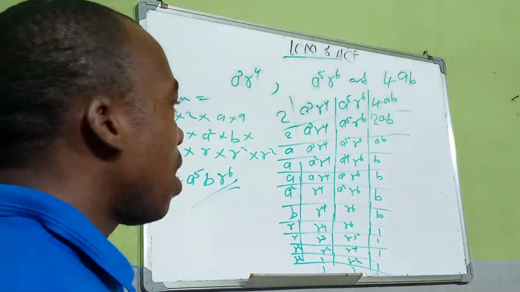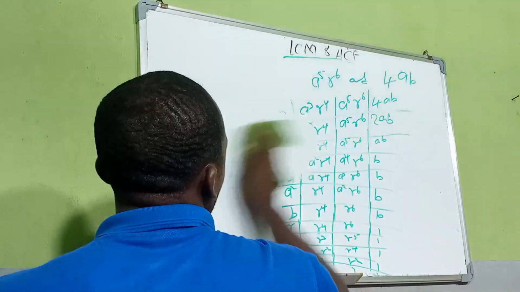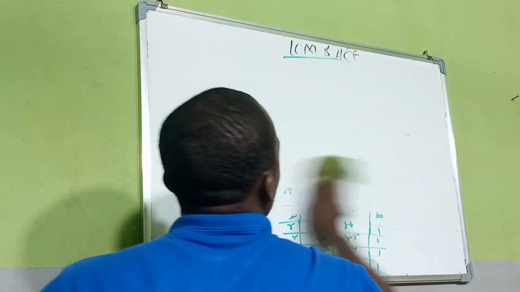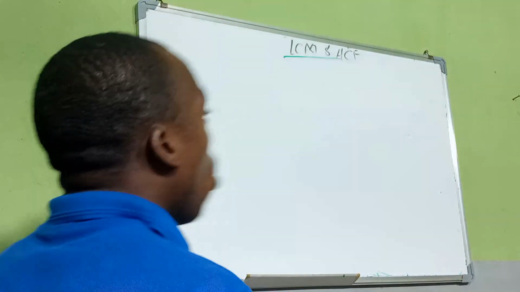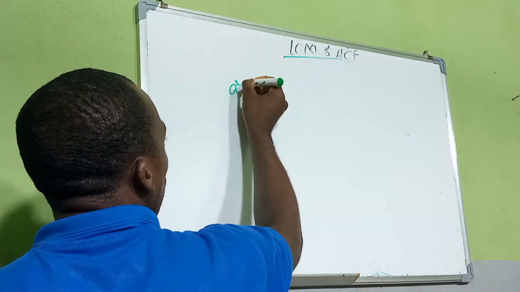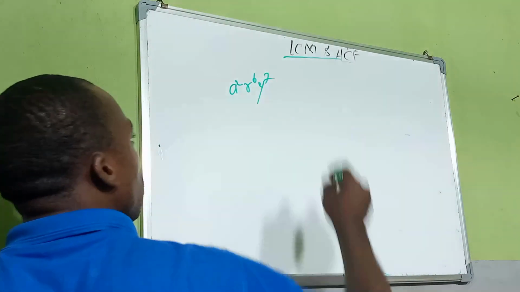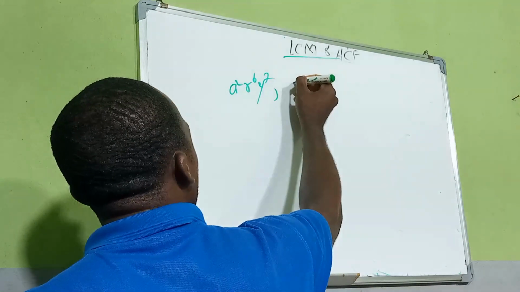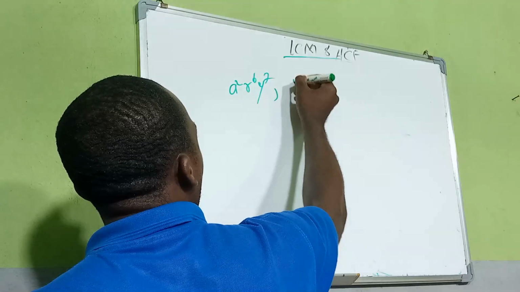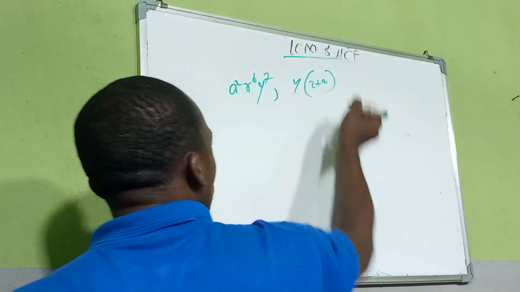Then let's take the final example. If we are asked to find the LCM of A raised to power 2, R raised to power 6, let me use Y raised to power 7. We say find the LCM of this, then we'll have another one, Y, open bracket 2 plus A, something of this nature.